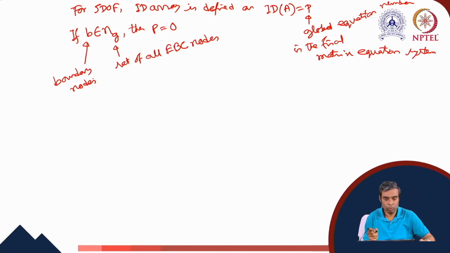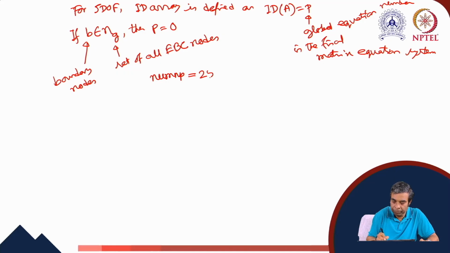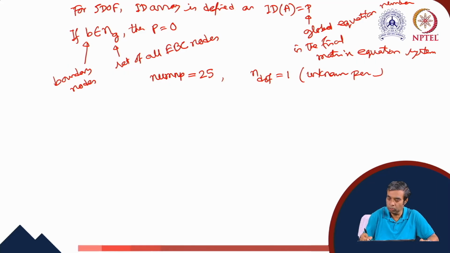Now if we go to the particular problem, we see that we have num np equals 25, the total number of nodes. Our NDOF, nodal degree of freedom, equals 1 unknown per local node.